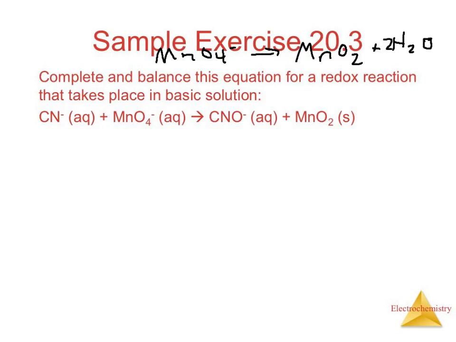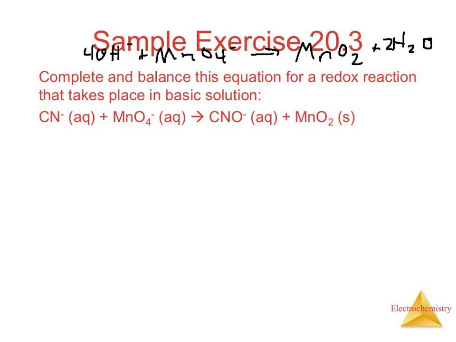But then instead of using H+, I would use OH- to balance my hydrogen. So I've got 4 hydrogens, so I'd have to add 4 OH- to this side. Well, maybe you can already see how this gets complicated because I just added more oxygens to the left side. So then now I'm going back and forth trying to balance my oxygens and my hydrogens, and it just gets really messy. Okay, so it's easier if we pretend we're in an acidic solution, so we add H+ instead of OH-. And then, like I said, we'll go back and I'll show you how to fix that at the end.